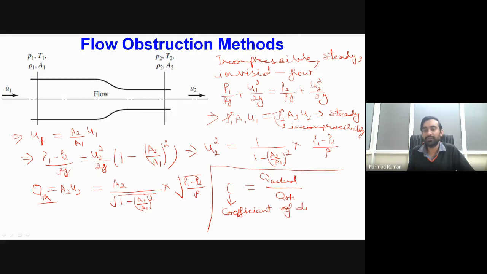For a particular arrangement, depending upon its geometry and flow conditions, we will have the value of some coefficient, and that coefficient is known as the coefficient of discharge, which relates our theoretical value to the actual value of the flow rate.